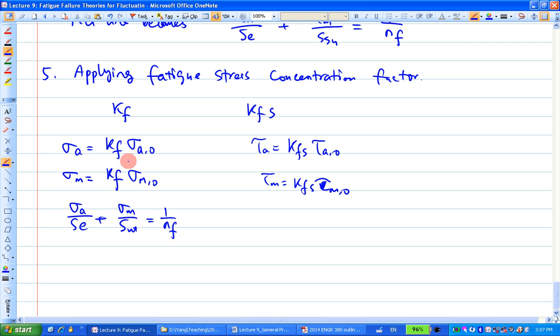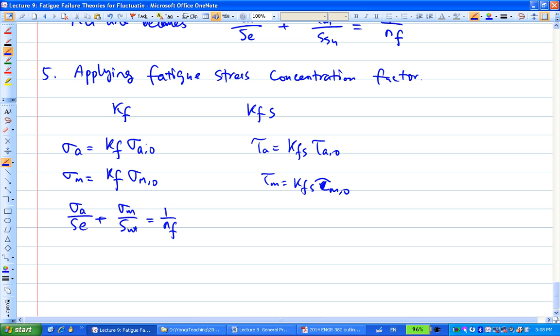There's another way: instead of applying the Kf to both sigma a nominal and sigma m nominal, you only apply the Kf to the sigma a, and for sigma m you just set it to 1. But if you apply it in that fashion, it basically means local yielding is not prevented, it's inevitable. Then we're only designing against the fatigue failure.